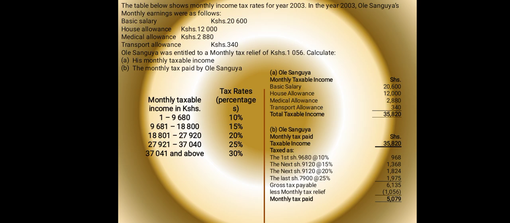And then the last of his salary, 7,900 shillings, the tax is 1,975. His total tax, gross tax, is 6,135 shillings, less monthly tax relief of 1,056 shillings. Ole Sanguya pays a net tax of 5,079 shillings.